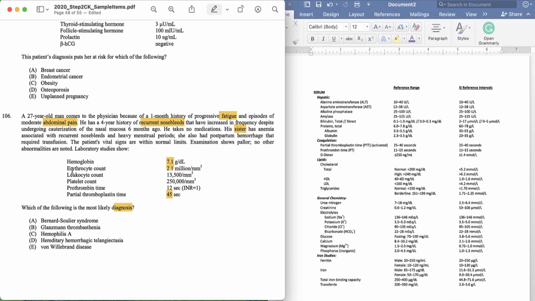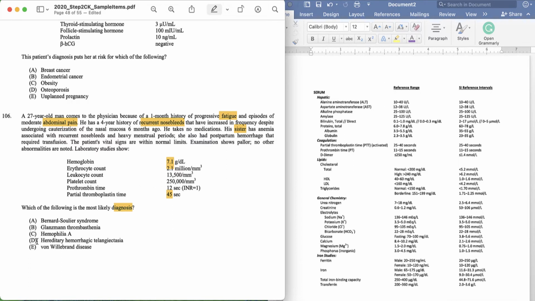Okay, so let's look at our options here. I feel like already we can eliminate hemophilia A. His sister has similar conditions, we think, and hemophilia is an X-linked disorder, so his sister shouldn't have had it, most likely.